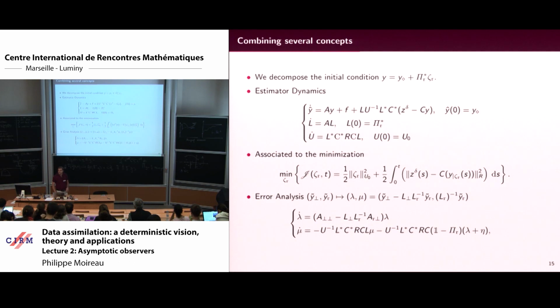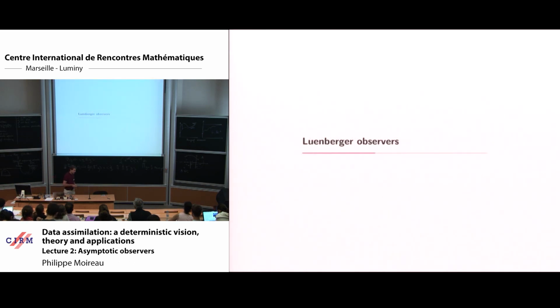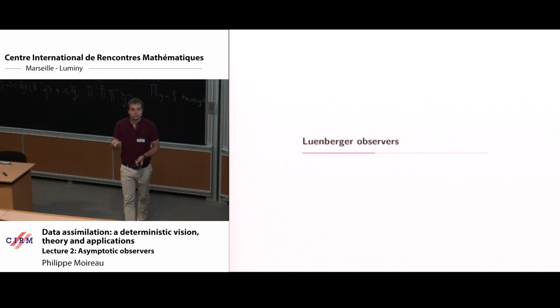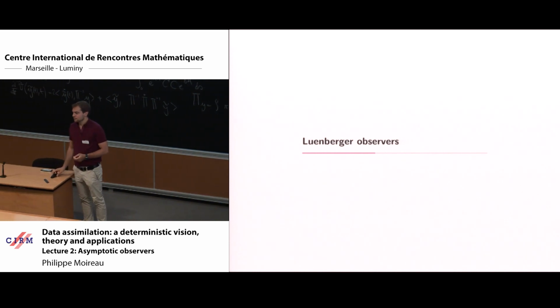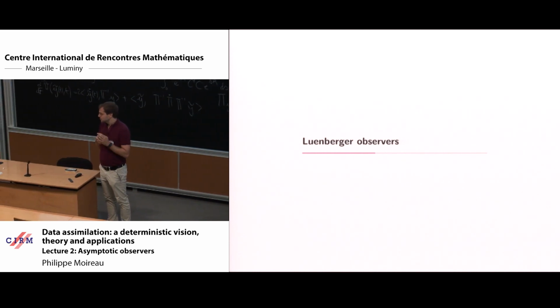I passed over that, but that's the spirit. So this worked very well, but it works with the condition of detectability. What you need when you do that is to be able to prove that the untouched modes are stable.